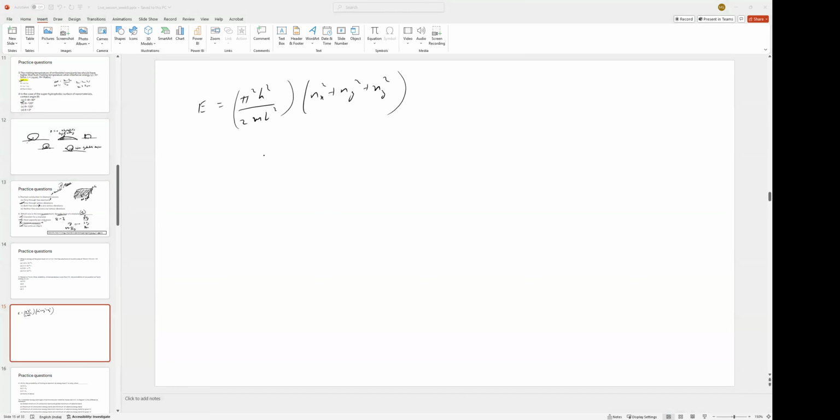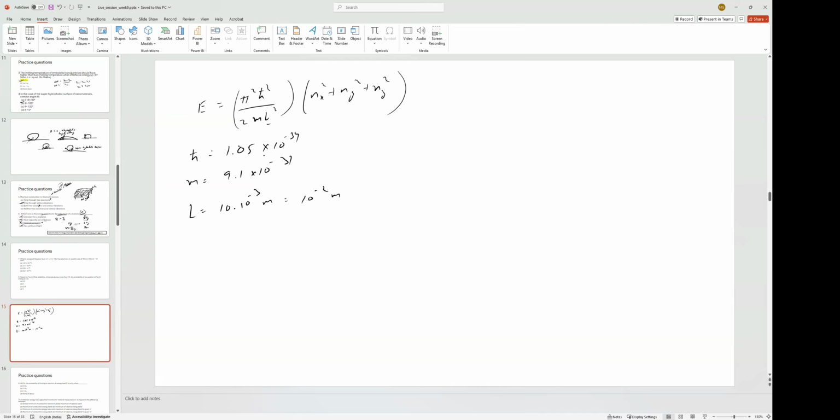Okay, this is h bar square. Here h bar is 1.05 into 10 to power minus 34. Your m is the electron mass, 9.1 into 10 to power minus 31. L is given as 10 millimeters. L is equal to 10 into 10 to power minus 3 meters, 10 to power minus 2 meters.